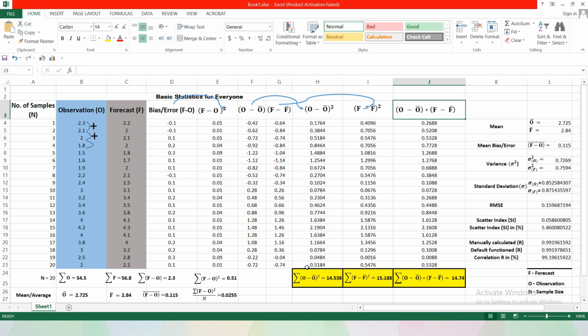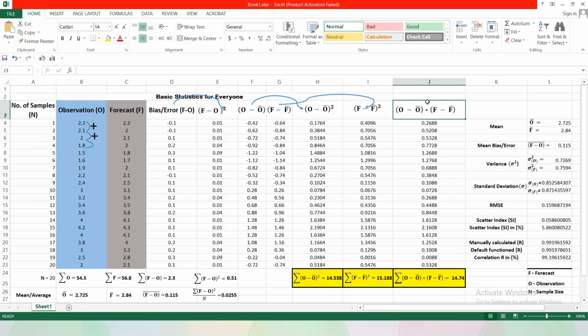So now you will also get the summation for these 3 columns. The square difference between the observation and observation mean, that is the summation of (O minus O bar) squared. Similarly, the summation of the square difference between the forecast and mean of the forecast, that is sigma (f minus f bar) squared.